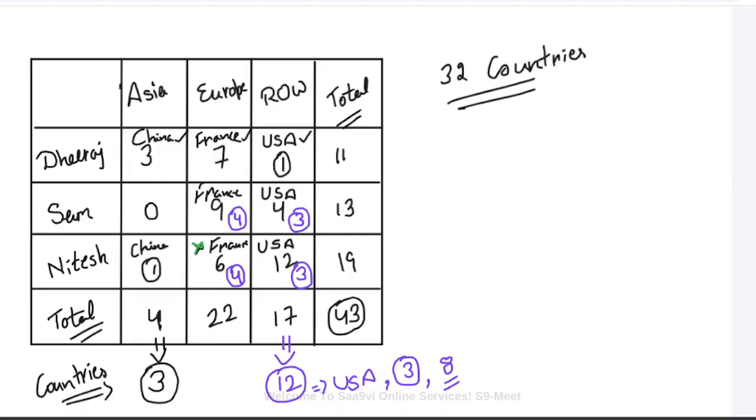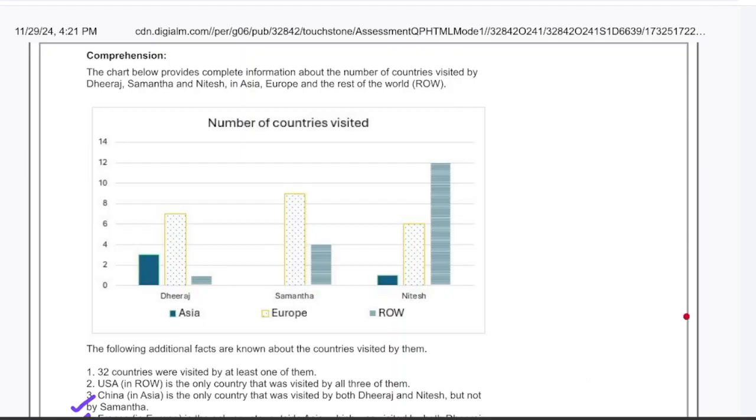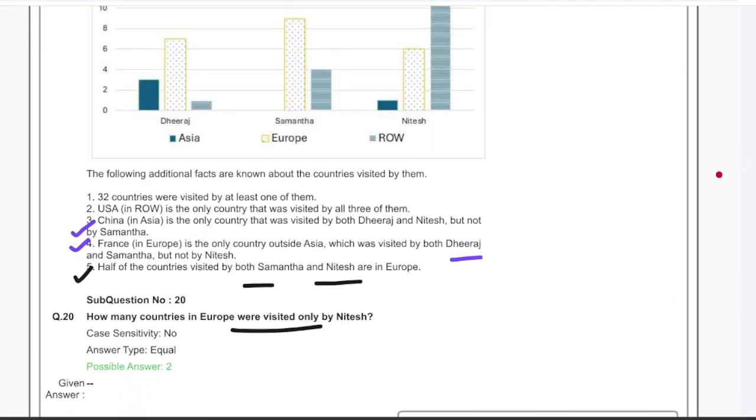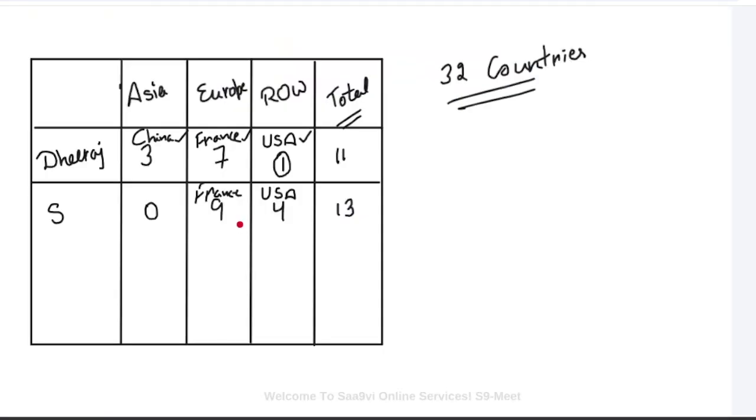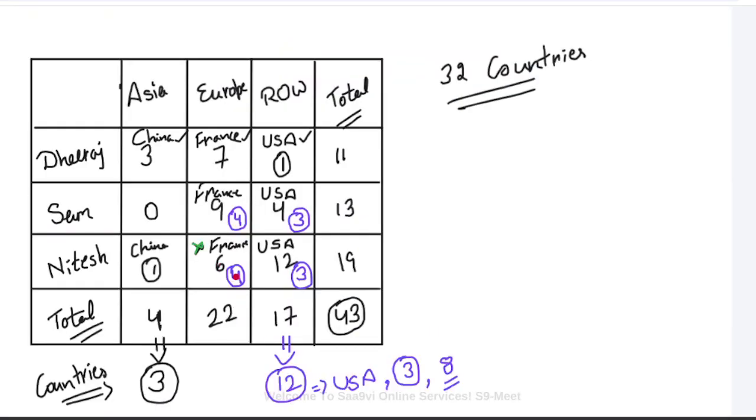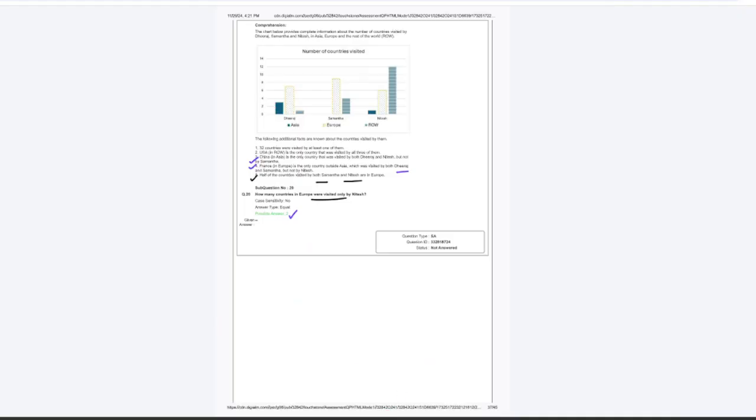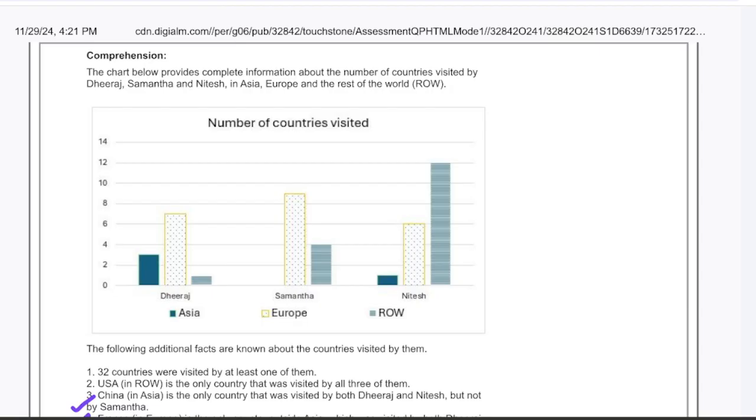So the answer to my question, how many countries in Europe were visited only by Nitesh? That will be two, because out of six, four have been shared, and of the rest two, one is France, the other one we are not aware of. They are both visited only by Nitesh.